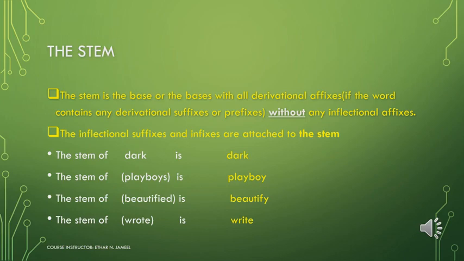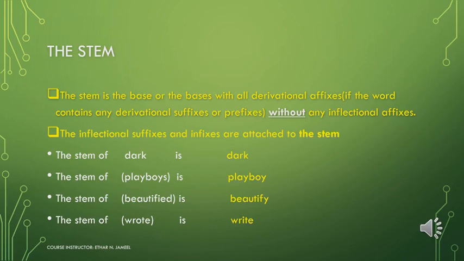Now, where is the stem in playboys? Again, to the definition of the stem: the base or the bases with all derivational affixes. We have the bases play and boy. What about derivational affixes? Do we have a derivational affix in this word? No. Why? Because S, the S plural, is not derivational. It is inflectional.